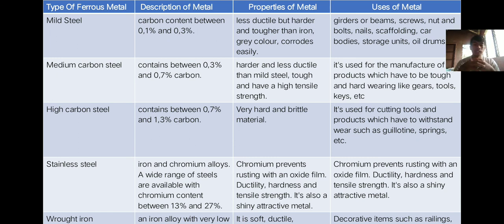However, it is low in hardness and fatigue strength. Wrought iron is used for fencing and railings, agricultural implements, nails, barbed wire, chains, and various ornaments.